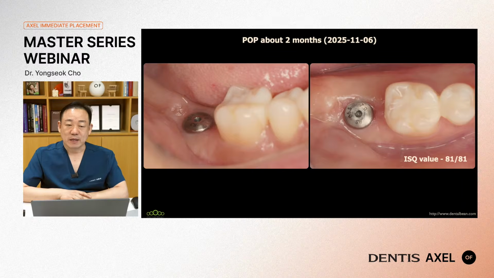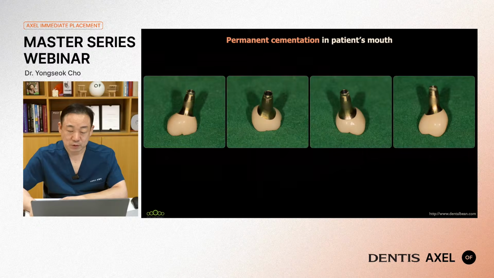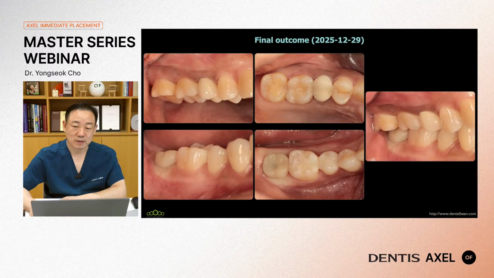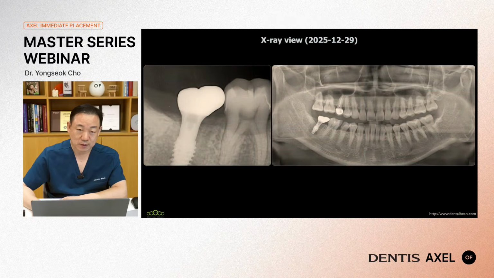At that time, the ISQ value was measured at 81. Enough, a nice ISQ value. Again, my partner, Dr. Kim, made a crown with a customized abutment. It was delivered to the patient like this. We can see sufficient keratinized tissue at number 7.